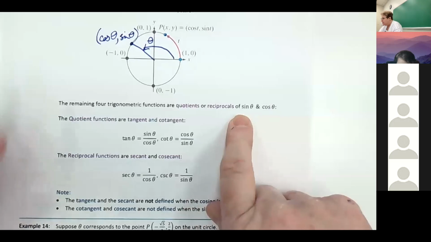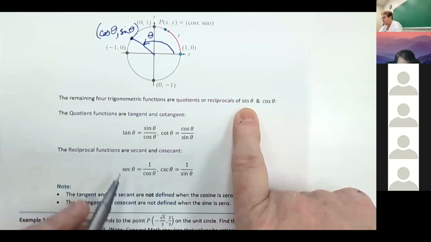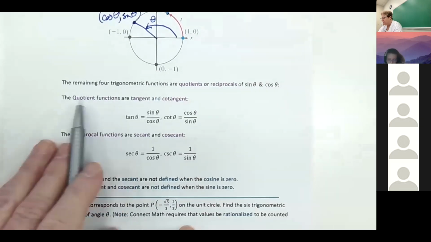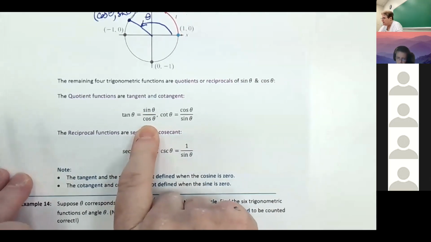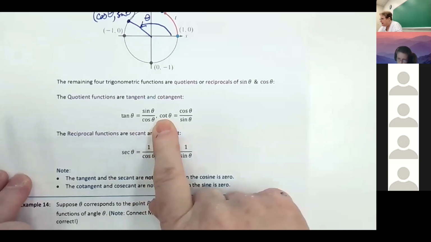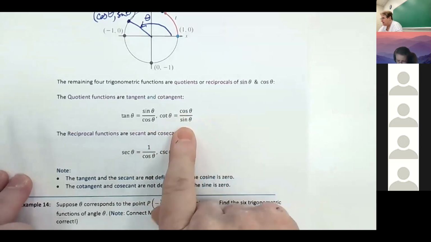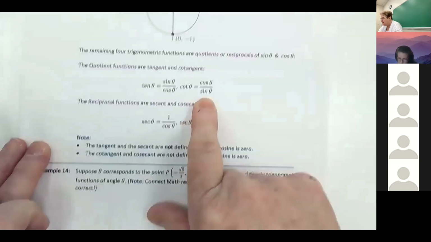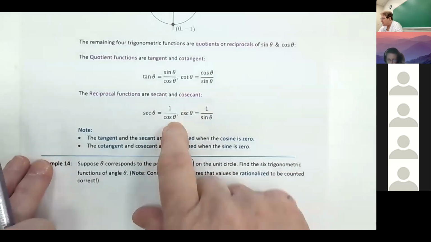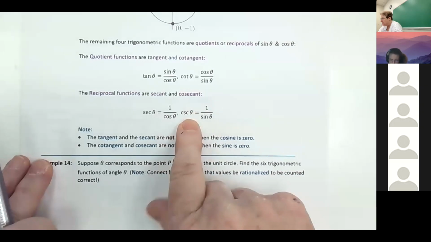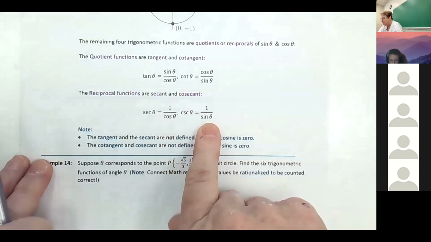Everything else is in terms of sine and cosine. There are two quotient functions. Tangent is sine divided by cosine. Cotangent of theta is cosine divided by sine. Secant of theta is 1 over cosine of theta. And cosecant of theta is 1 over the sine of theta.